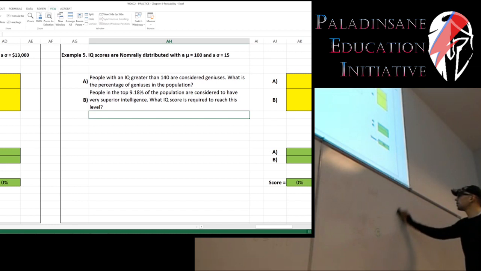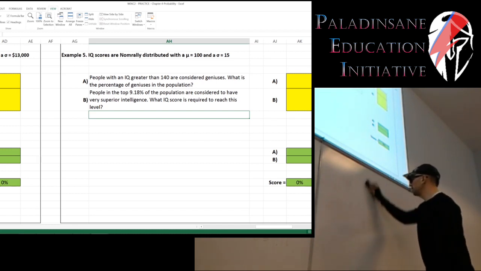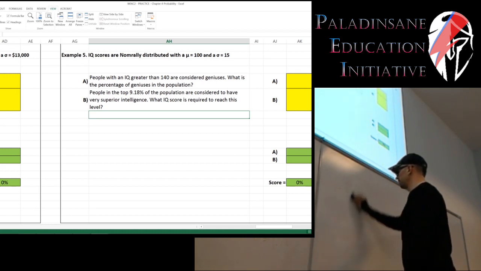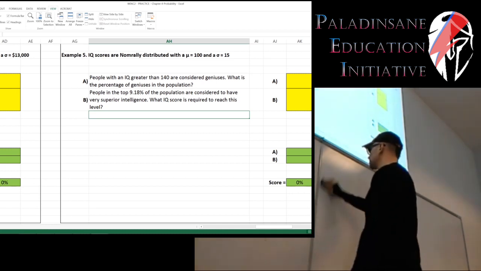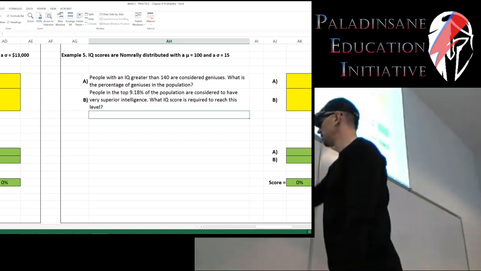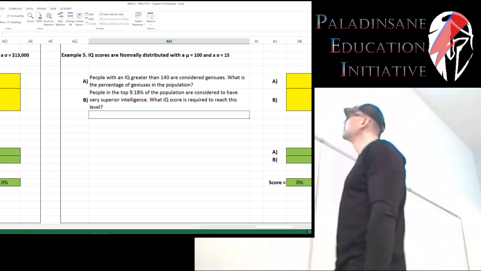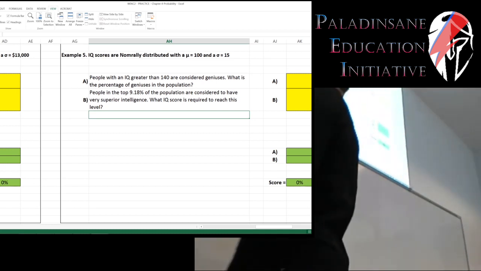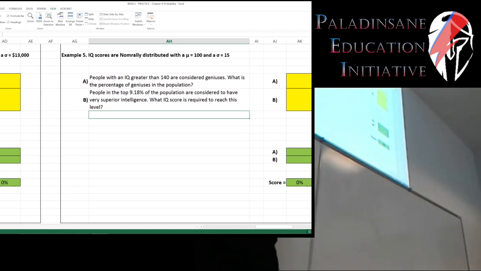IQ scores are normally distributed with a mean of 100 and a standard deviation of 15. That is the standardized scale for an IQ test in the United States. People with an IQ greater than 140 are considered to be geniuses.